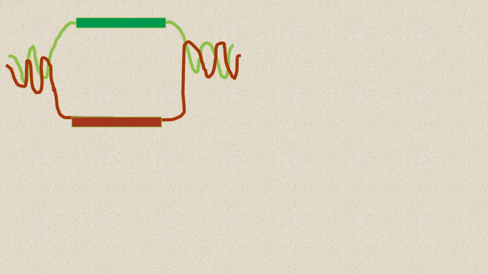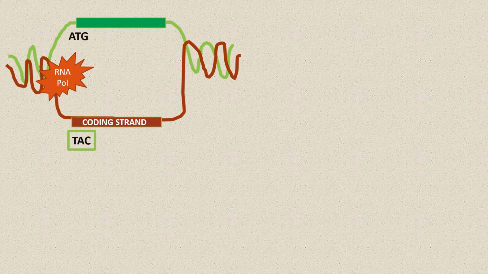When we are going to be reading a gene, the first thing that happens is that RNA polymerase opens the DNA strand to start reading the coding strand. But how does it know where to open it? Every gene always starts with the same 3 bases in order: TAC in the coding strand.